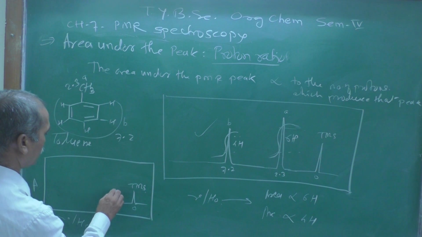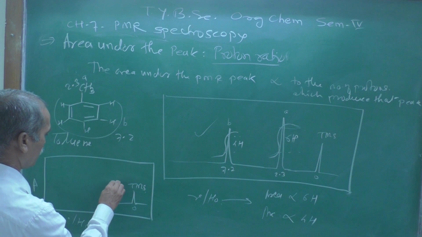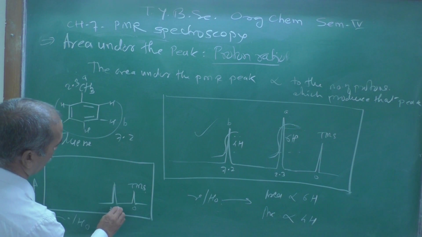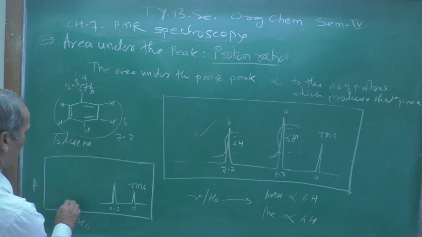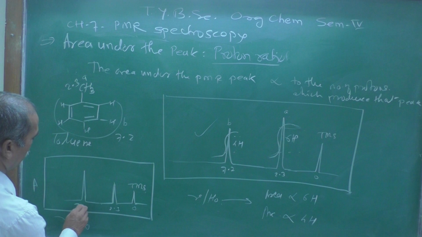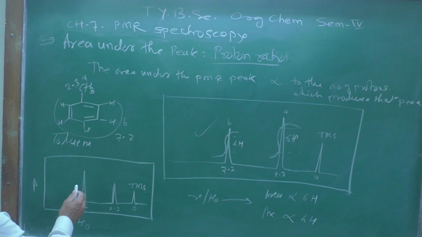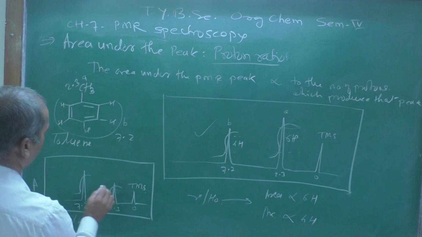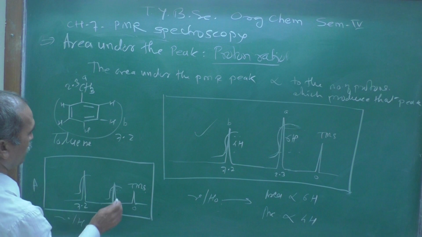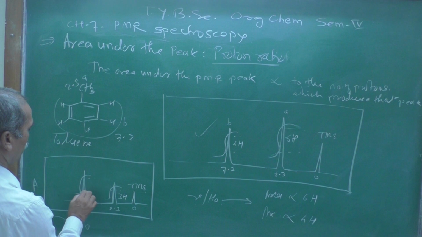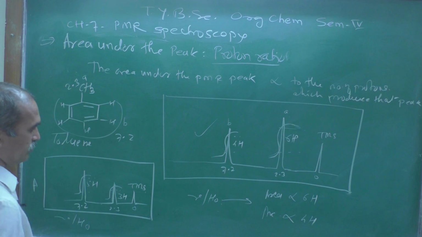Another peak is at 2.3 and another is at 7.2, and there is an integration line over each. The area under one peak corresponds to 3 protons and the other to 5 protons.